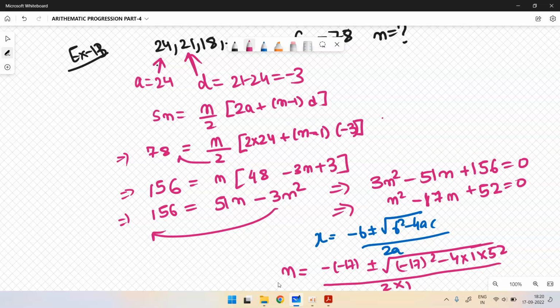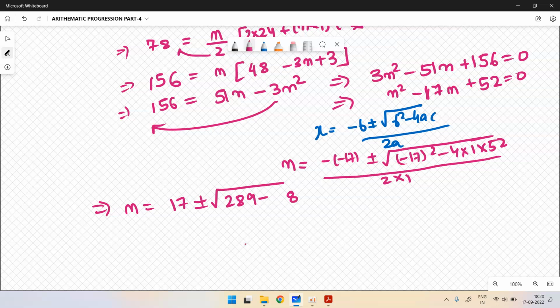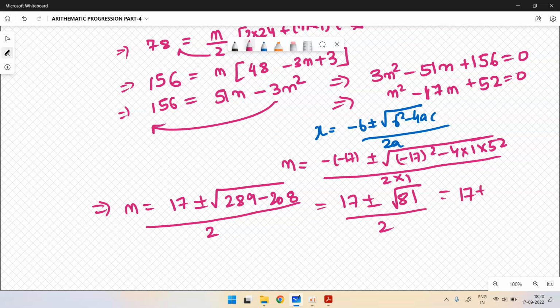So n equals 17 plus minus under root 289 minus 208 by 2, which is 17 plus minus under root 81 by 2. Under root 81 is 9, so 17 plus minus 9 by 2.